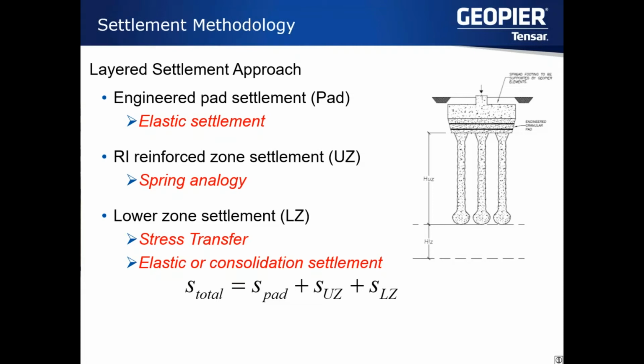And then the lower zone beneath the rigid inclusions is analyzed conventionally, looking at stress transfer down to the bearing layer, and either consolidation settlement for cohesive soils, or elastic behavior for granular materials. And then the settlement of the structure, whatever we're supporting, is the sum of the 3.